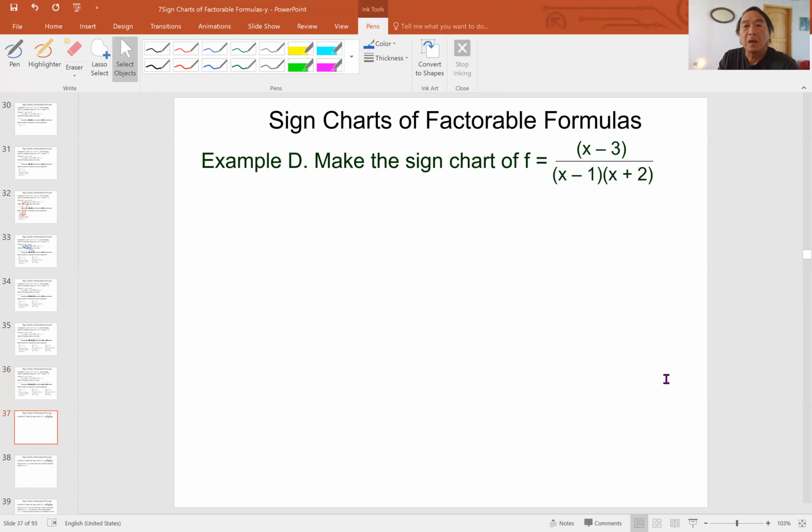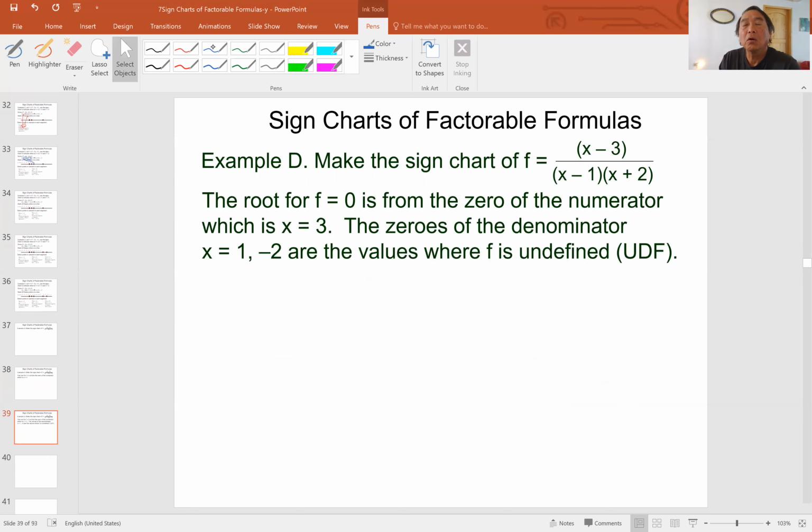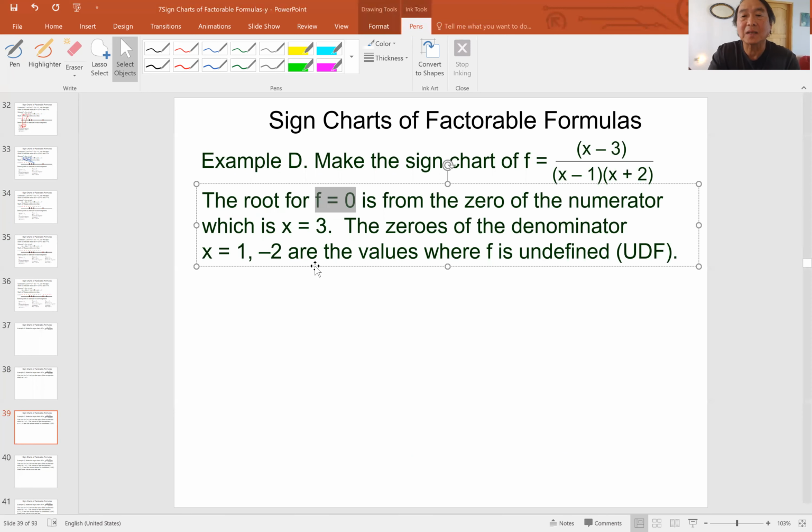So this is the sign chart for x² - 3x - 4. As we said before, it also works for fractional formulas or rational formulas. So in this case, I will need all the roots, not only from the top but also the zeros from the bottom, because those are the breaking points. When I plug in the number 3, -2 or 1 into the formula, I will get either zeros or it doesn't make sense.